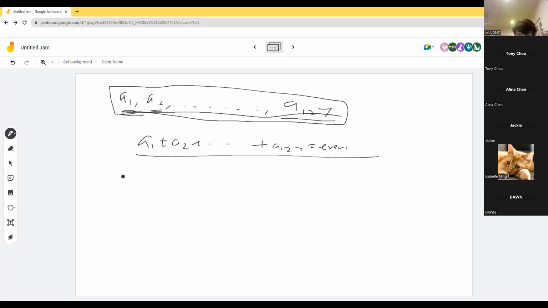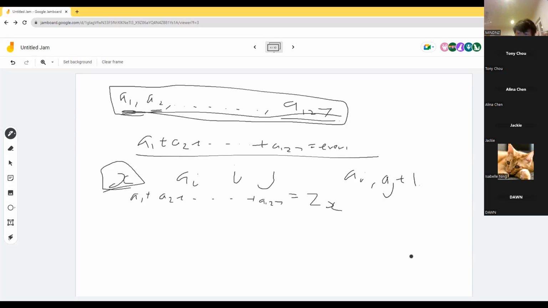Another way to think about it is if we have X games, A1 plus A2 plus up to A127 is equal to 2X. Because every time we play a game, let's say the game is between player I and player J, AI and AJ both increase by 1.